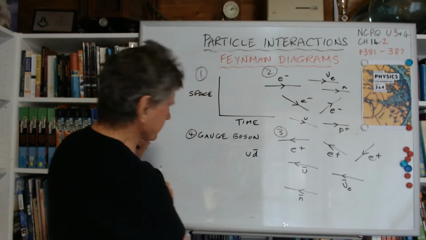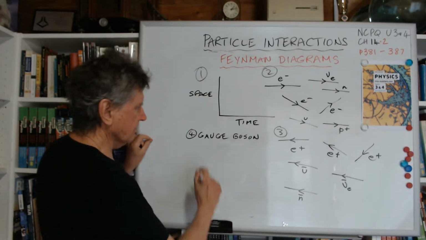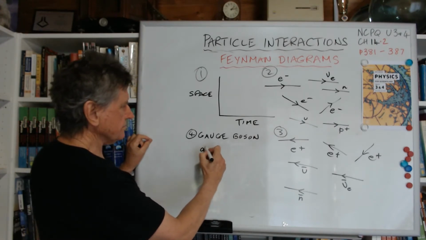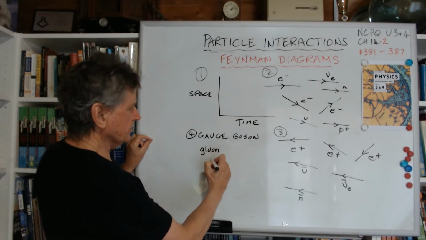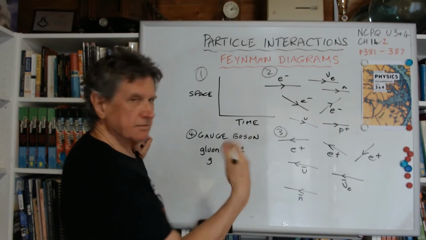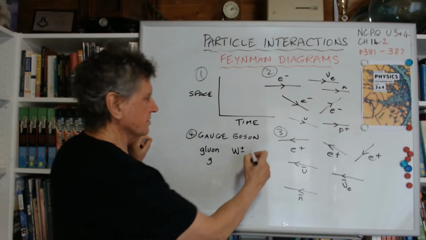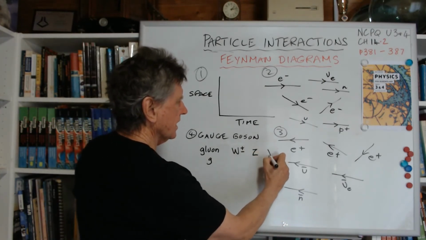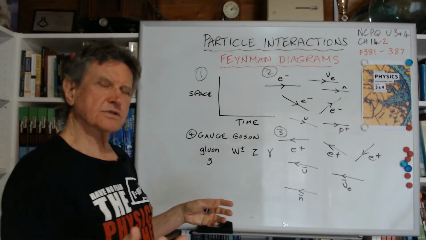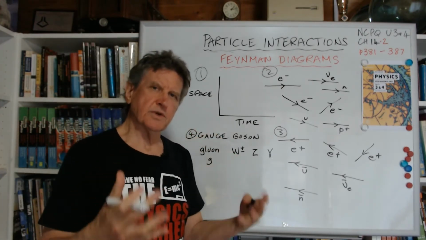I'll write them down so there's no problem. We're looking at the gluon, which would be G. We're looking at the W plus and W minus bosons, and the Z boson, and lastly the photon. So they're the 5 bosons, which in the syllabus we call 4 bosons.